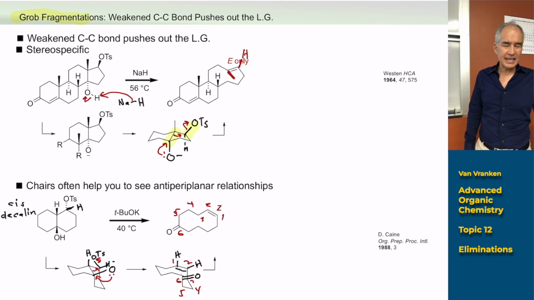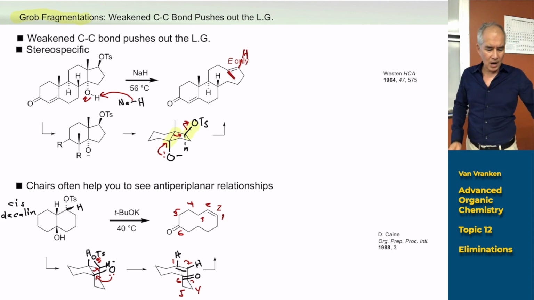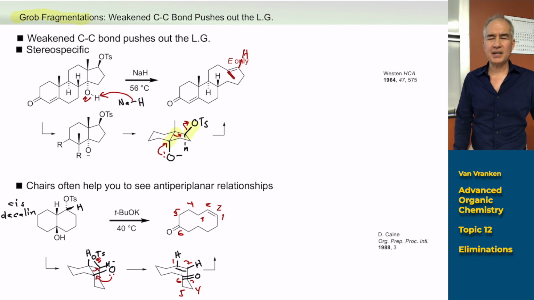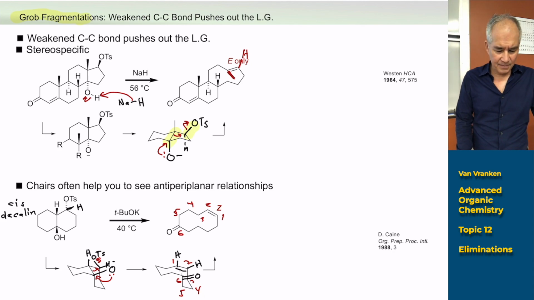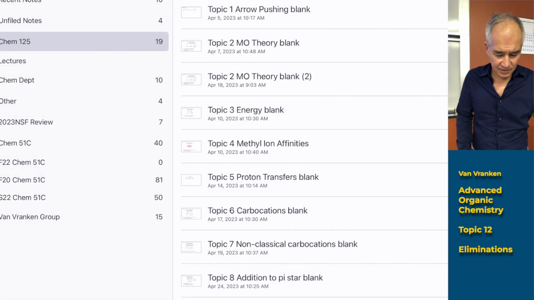And then finally we talked about concerted E2 eliminations. Such a strong requirement for anti-periplanar relationships in E2. And for those types of E2 eliminations, you can have carbon-metal bonds pushing out, weakened CC bonds pushing out the leaving group. It all kind of fits into the same continuum. All right, so that's it for eliminations.